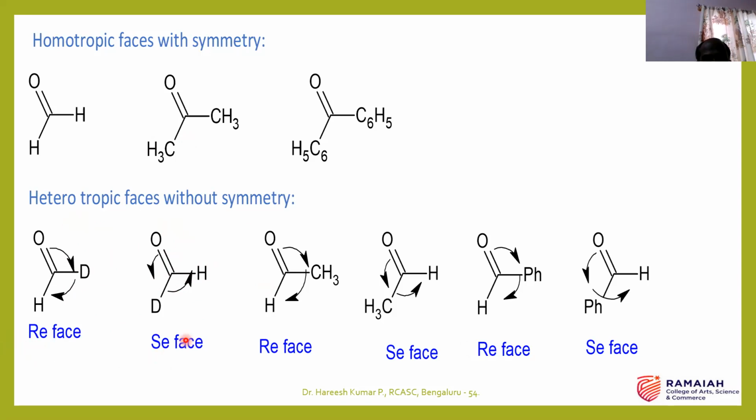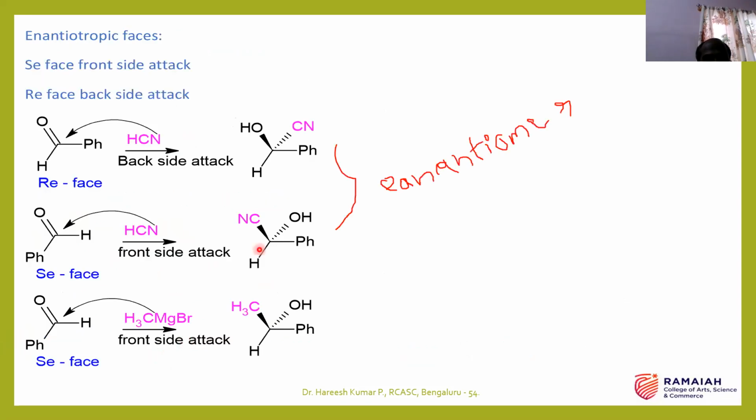So with this, I will go to the next slide. In the next slide, I'm taking enantiotopic phases. So you can observe that, of course, you know that this is a heterotopic molecule, and this molecule contains two phases, one is Re phase, another one is Si phase. Suppose there is a nucleophile, maybe a hydride, maybe a CN minus, or maybe an amine, whatever it is.